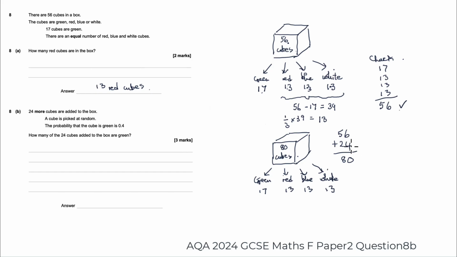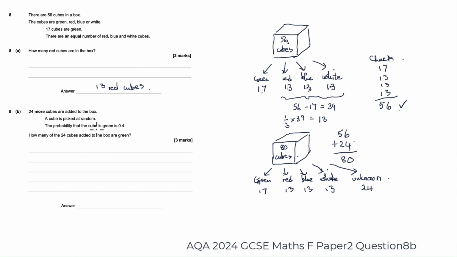However, we've added 24, so there's now unknown cubes, and there's 24 of them. So there's all that we know about these 80 cubes. 17 green, 13 red, 13 blue, 13 white, 24 of them we have no idea yet what colour they are.